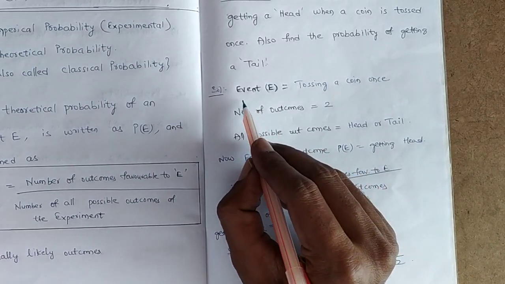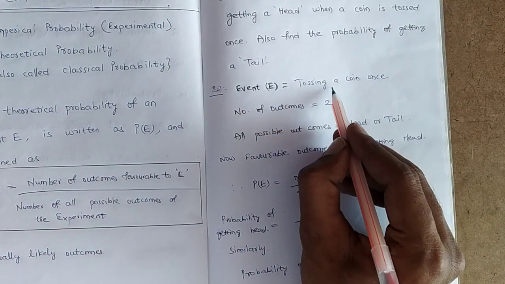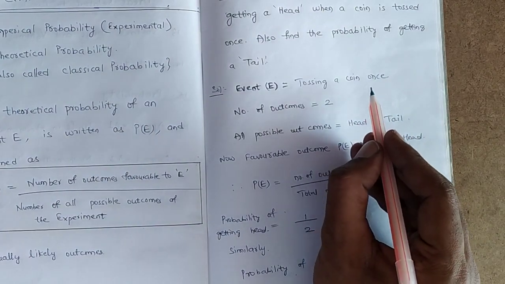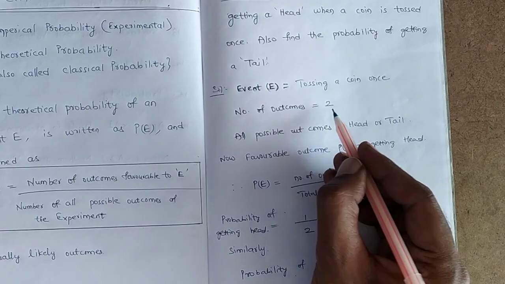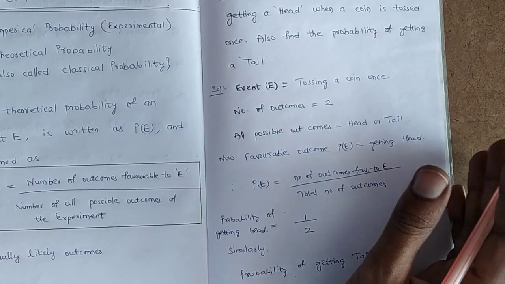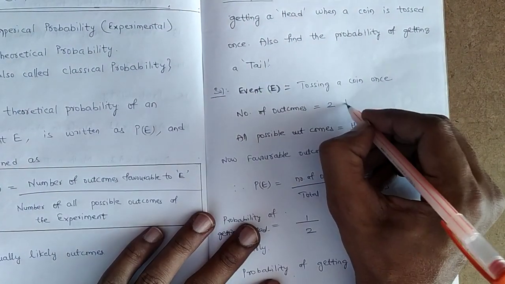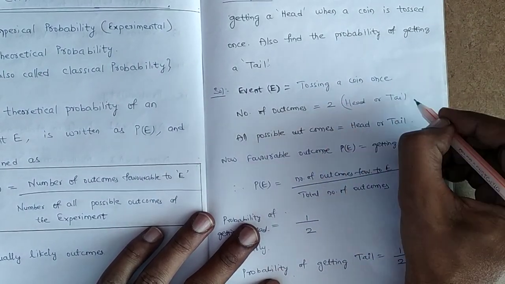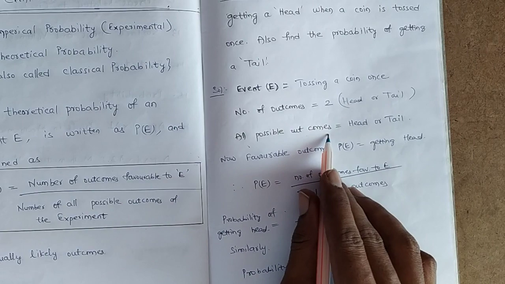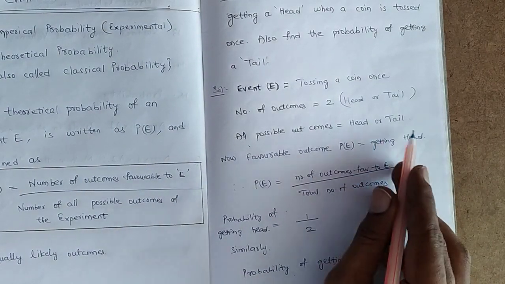Here the event is tossing of a coin only once. So what are the number of outcomes? We may get either head or tail. All the possible outcomes I have written here: head or tail.